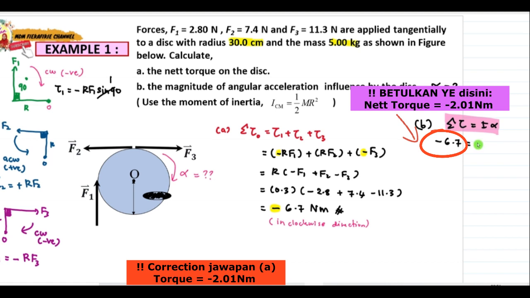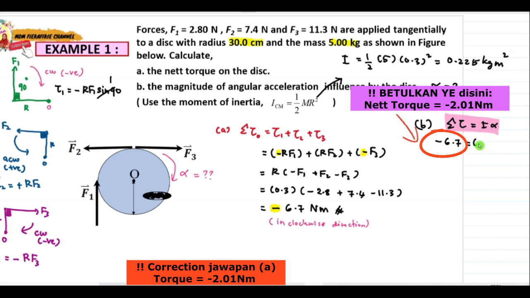So we need to calculate I first, half m r squared. You can also calculate separately. Half, the mass is 5, and r is 0.3 squared. Make sure it's in meter. And then I is 0.225 kg meter squared.